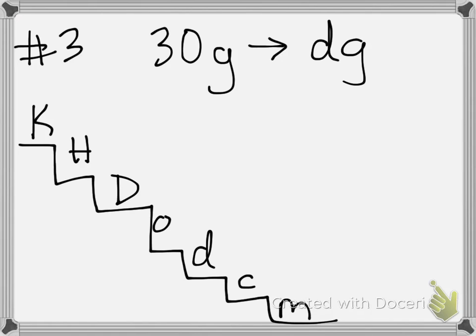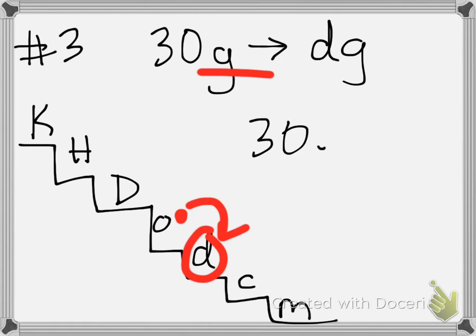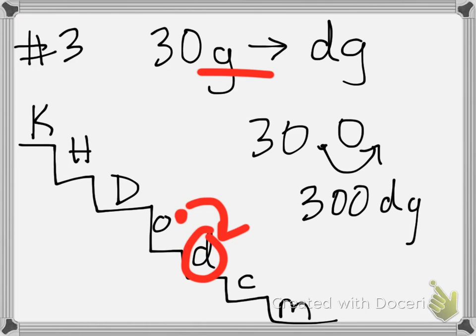All right, excuse me, we're starting with grams, so right here, and we're going to decigrams, so one place down, in other words, one place to the right, so we have 30, one place to the right, fill in with a 0, so the answer would be 300 decigrams.